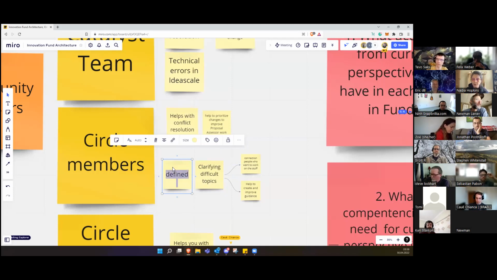The reason for a framework is so that it's not arbitrary, so someone doesn't just come in and make it up as they go along. For example, a problem raised on Circle has to be relevant to the mission of Cardano, and it has to have a current state and a future state. Everything else is irrelevant.